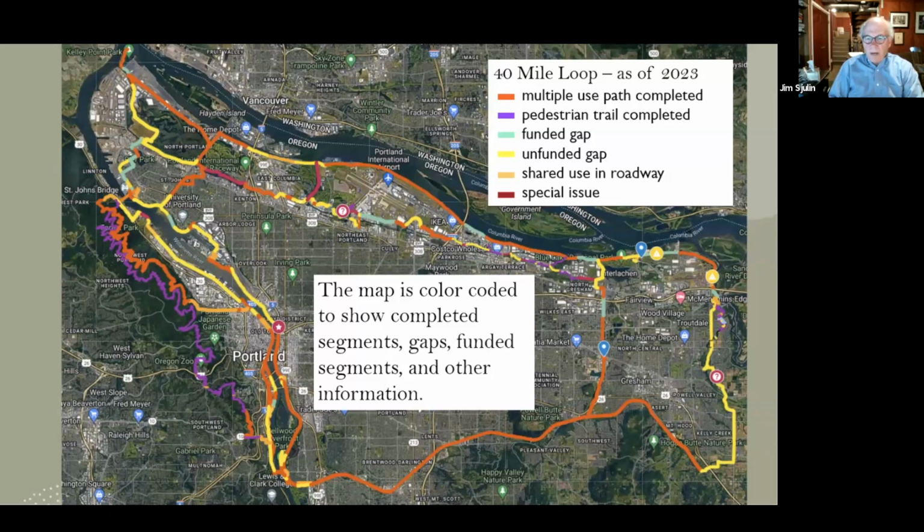That's 14 miles. There are some funded sections in there, but there's a lot of work to do, more bridges to go across highways and sloughs that need to be built. And we don't actually know where the next dollar is coming from.